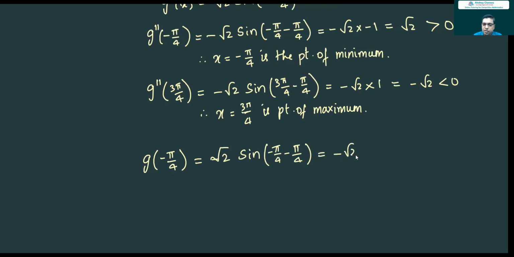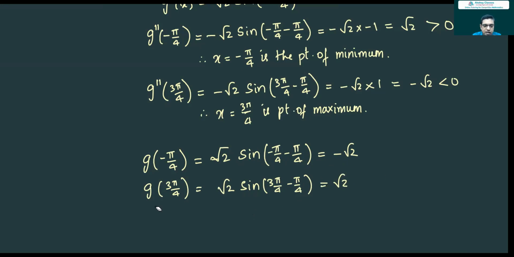It is minus root 2 is the answer. And g of 3 pi by 4 is root 2 into sine of 3 pi by 4 minus pi by 4, root 2 into 1, so it is root 2. This is minimum and this is maximum.